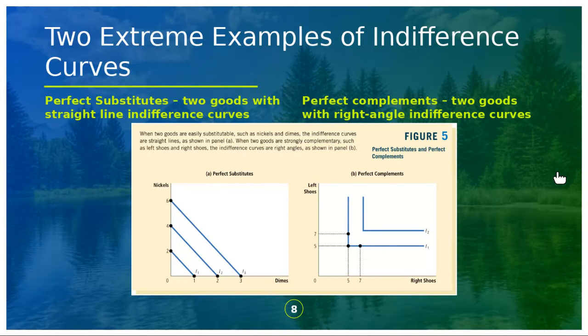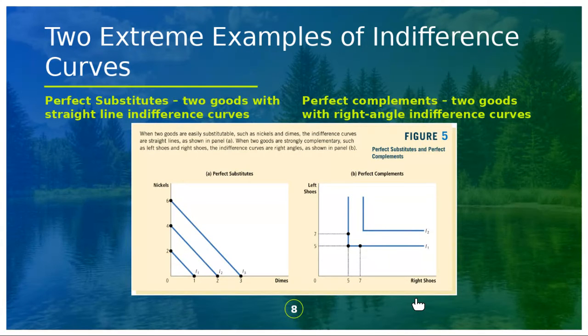Now, the other extreme example is perfect complements. These are 2 goods with right angle indifference curves. Now, the reason we say they have a right angle indifference curve is, if we zoom down here, notice the example we have is left shoes and right shoes. They're complementary goods in the sense that you need both of them to have a pair of shoes.